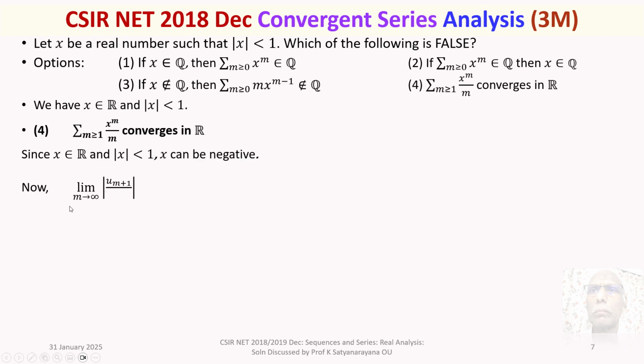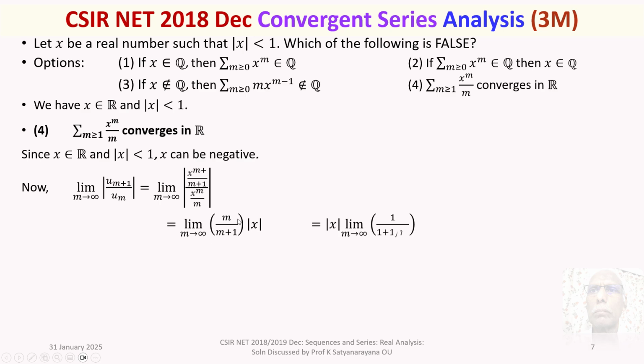Therefore, the limit as m tends to infinity of mod of u m plus 1 by u m is equal to the limit as m tends to infinity of x to the power of m plus 1 by m plus 1, divided by x to the power of m by m. After cancellation, you get the limit as m tends to infinity of m by m plus 1 into mod x.